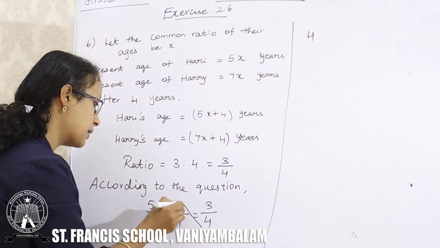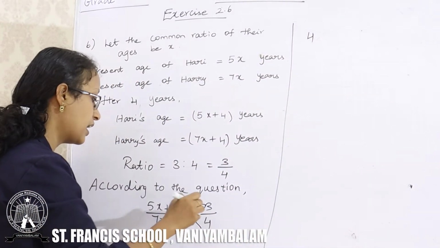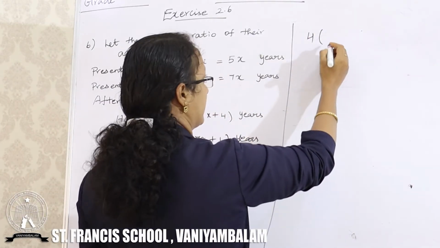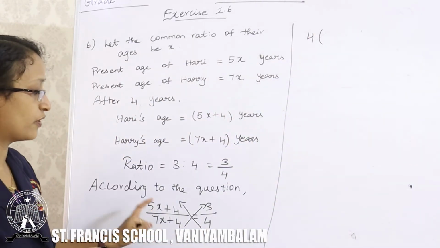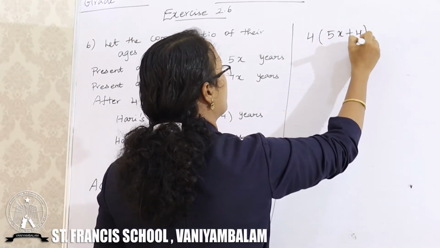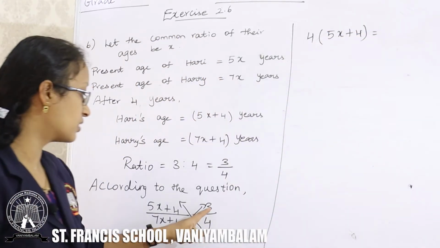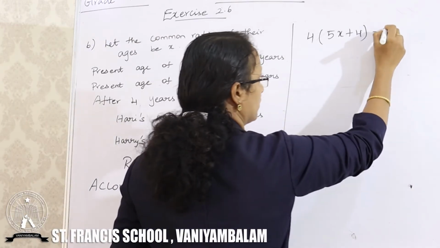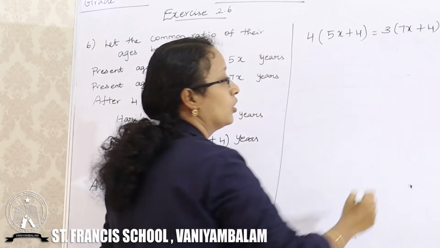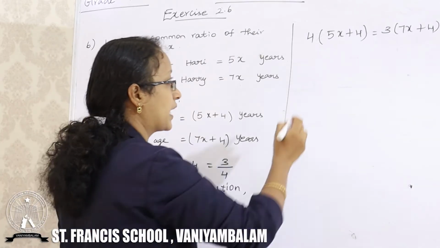When you cross multiply here, this denominator comes here and the left hand side denominator will go to the right hand side. So 4 into (5x + 4) and 3 into (7x + 4). Now you will multiply inside the brackets.